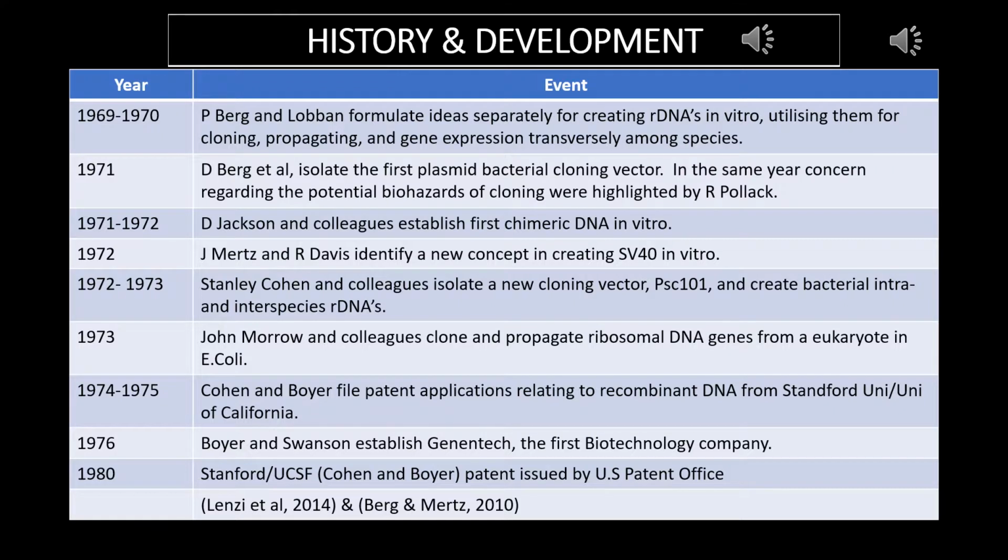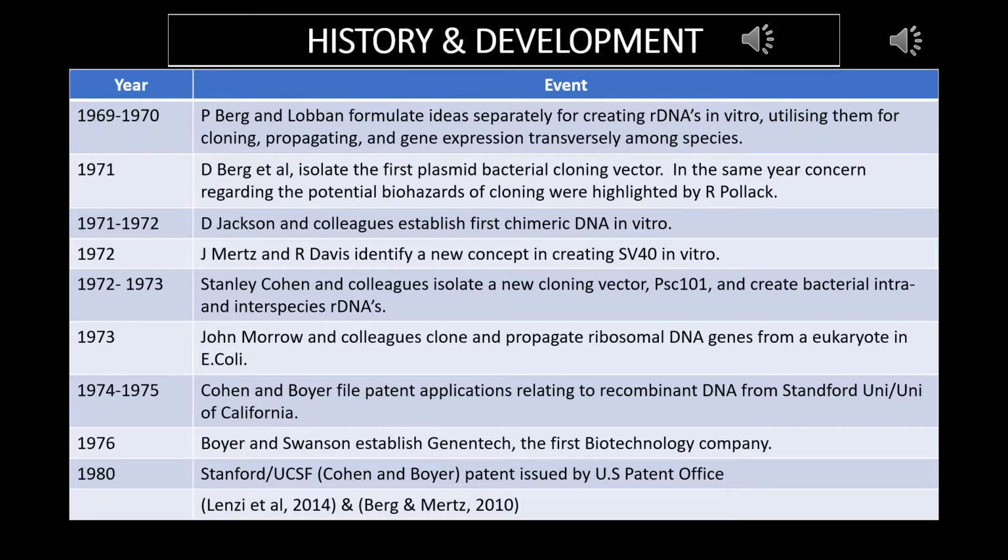In 1973, John Morrow and colleagues clone and propagate ribosomal DNA genes from a eukaryote in E. coli. Then in 1975, Cohen and Boyer filed patent applications relating to recombinant DNA from Stanford Uni and the Uni of California, with themselves as the inventors.